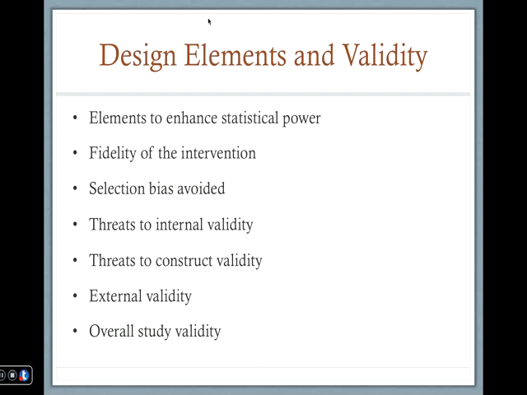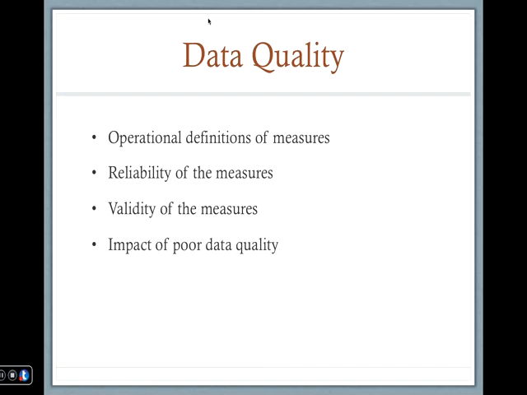You want to choose instruments that are valid and true and reliable, and measure what you think you're going to measure. So these are all elements that must be carefully thought out before the first piece of data is ever collected.